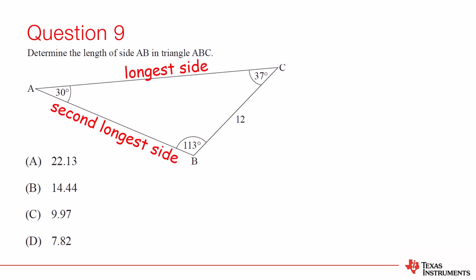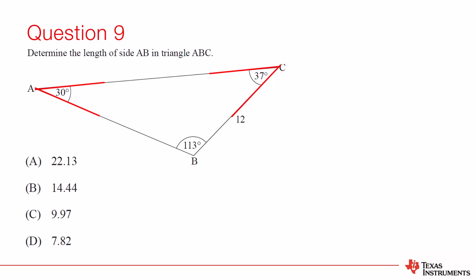Furthermore, angles ACB and CAB are relatively close to one another at 37 and 30 degrees respectively. So our triangle is, I guess, a little bit like an isosceles triangle, just not quite. So the side length must be approximately the same as side BC. So our answer is most likely to be option B.